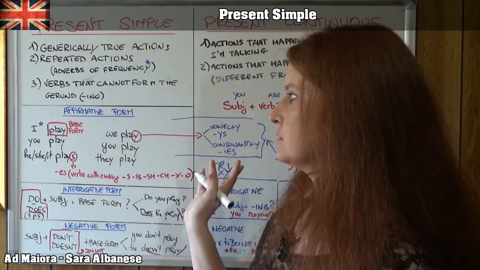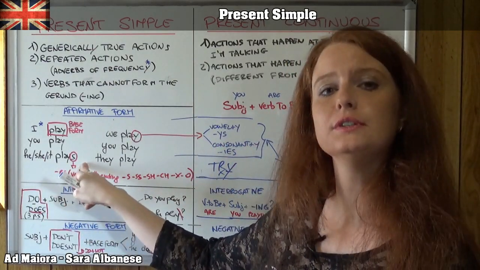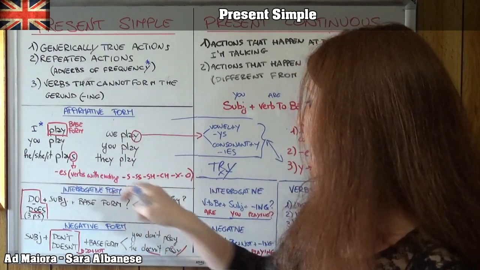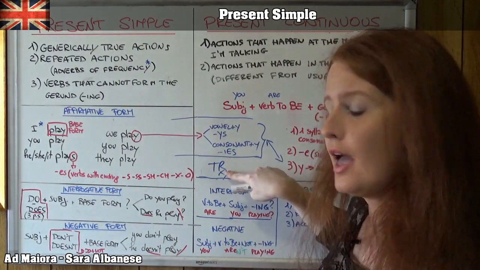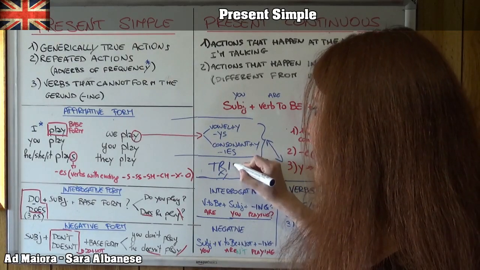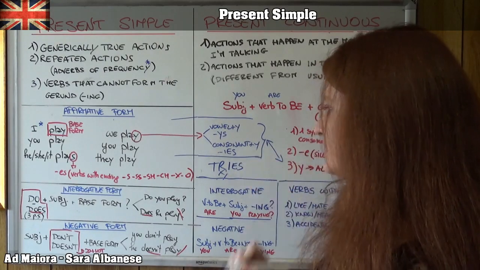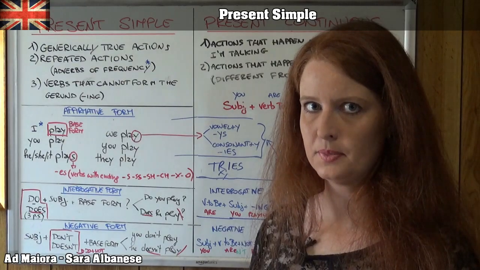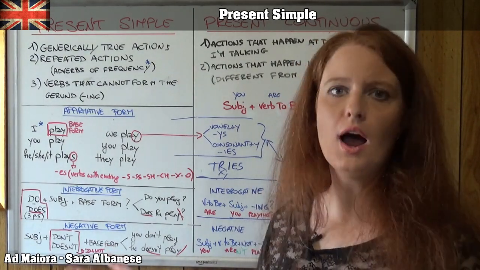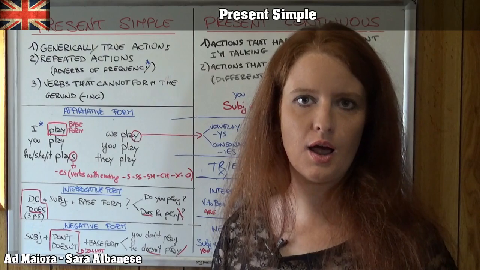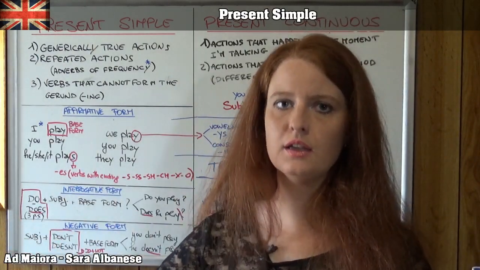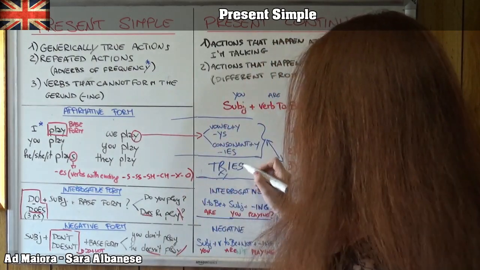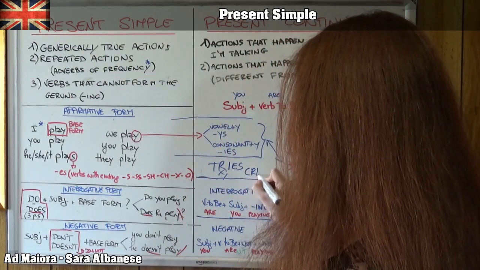In these cases, when I have to put the S, I will have to eliminate the Y and put I, E, S. The same goes for cry, for example. Cry, I eliminate the Y. Cry then becomes she cries.